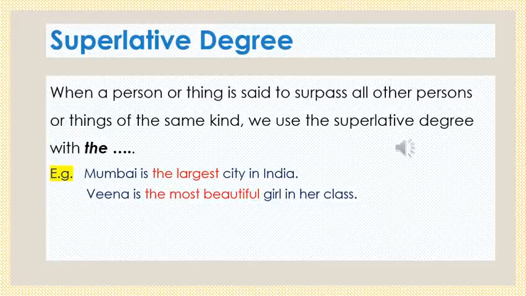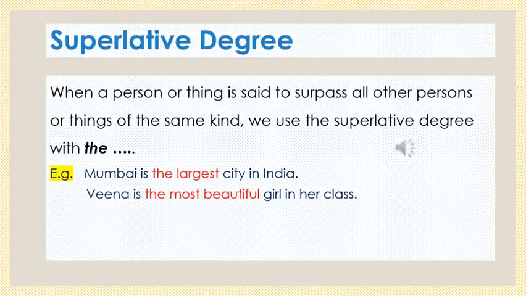And we also know that the superlative degree is usually marked by the suffix "est" or "most". For example, loudest, we have added "est", or most loudly, in adverb. To form the superlative degree, we add "est" or "most" with the word.